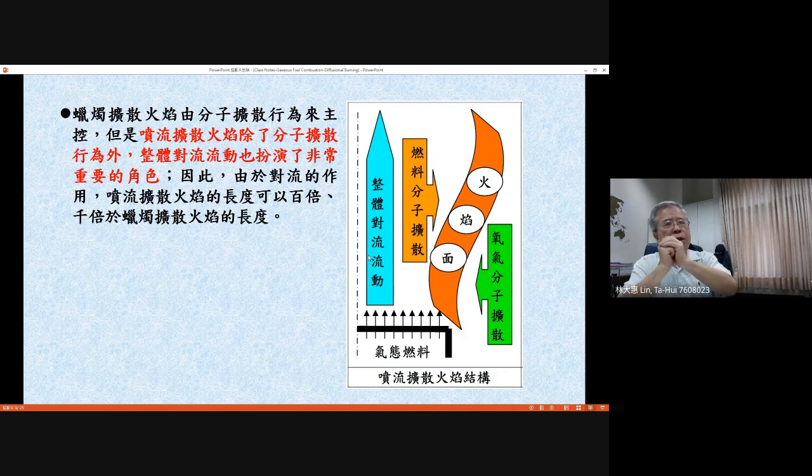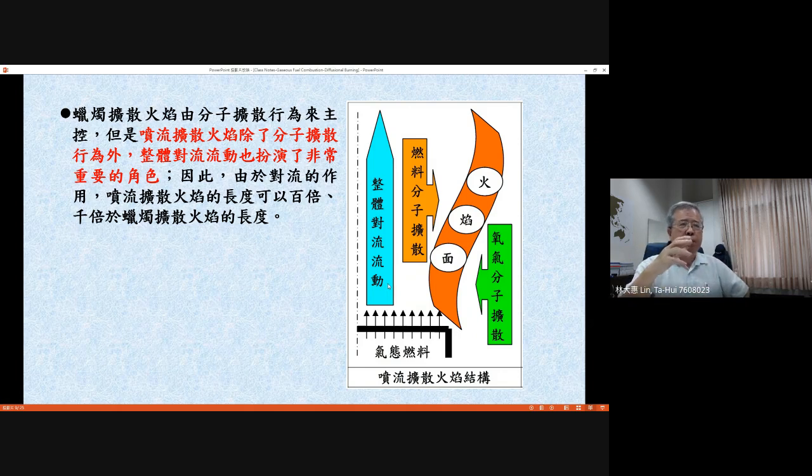The only difference between the jet diffusion flame and the candle flame is that we introduce flow convection into the jet flow, so more fuel can be supplied to enhance the burning and release more heat. This enhancement by convection gives you the possibility to extend the combustion intensity of the jet diffusion flame compared with the candle flame.